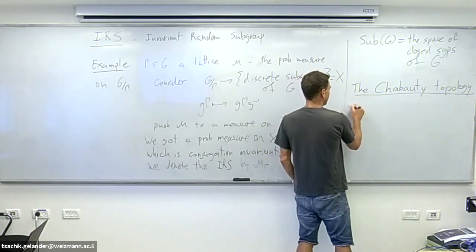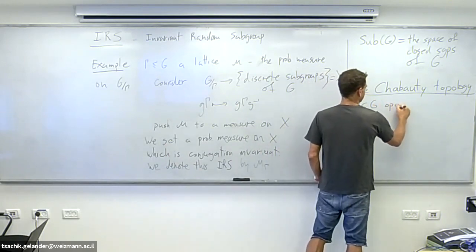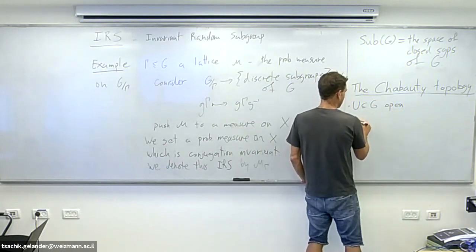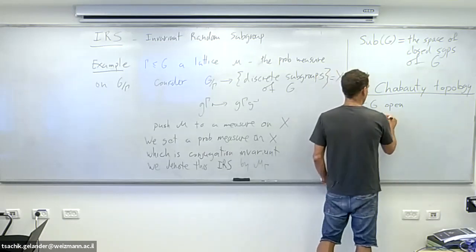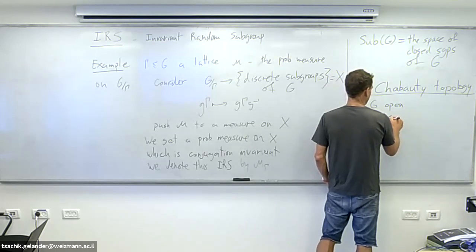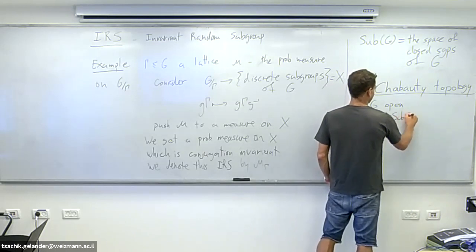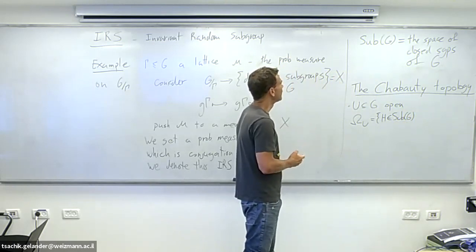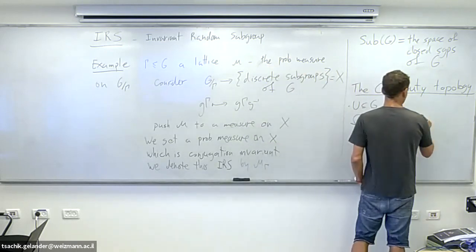One, if U in G is open, let's say you define omega U to be the set of all H inside the space of closed subgroups, all closed subgroups that intersect U non-trivially.